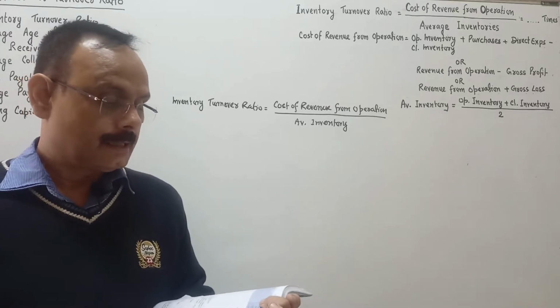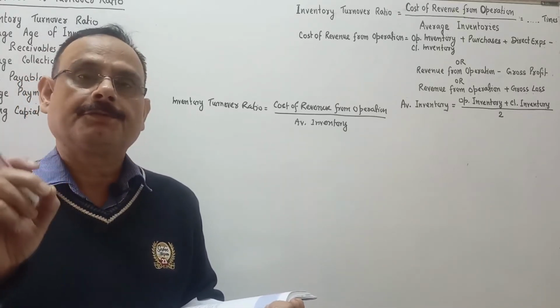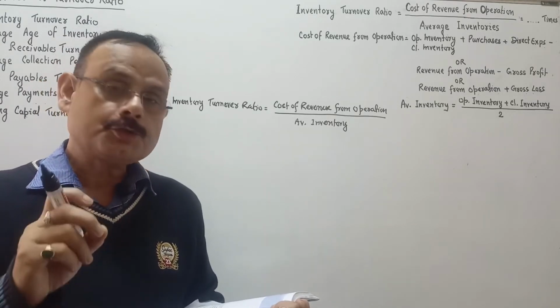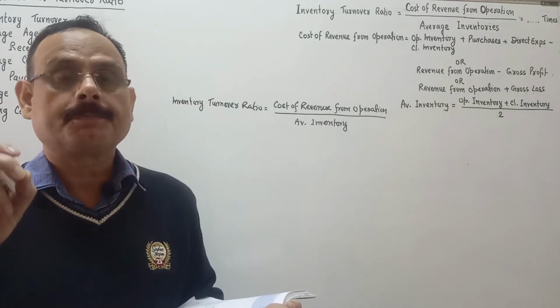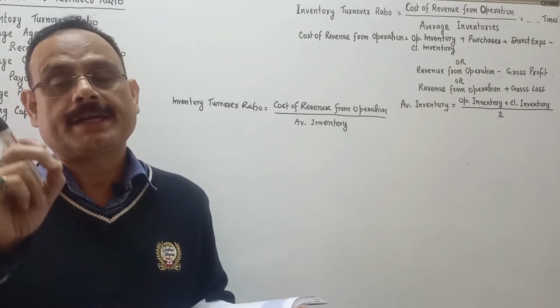Question is calculate inventory turnover ratio from the following information. When gross profit ratio is 25%.